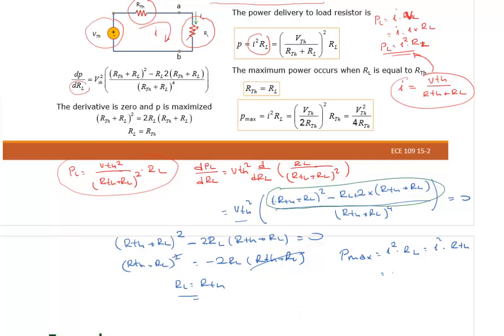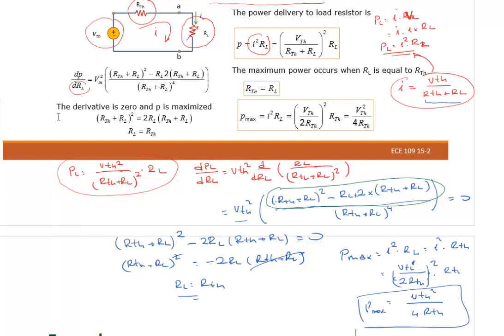If RL equals RTH, it's going to be VTH divided by 2 RTH, squared. Let me erase the other one here. Times RTH, so P max will be VTH squared divided by 4 times RTH.